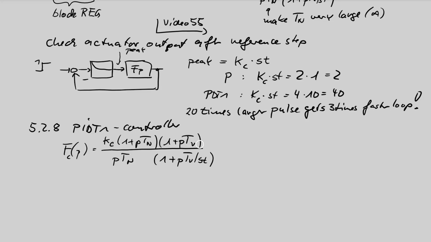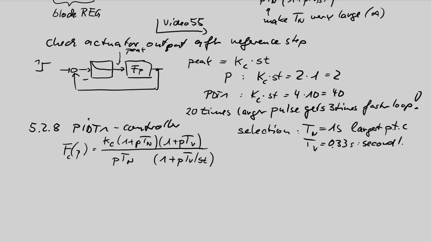The selection of Tn in our application goes with pole compensation, and Tn gets the largest process time constant. Tv we select to 0.33 seconds. This is the second largest process time constant.